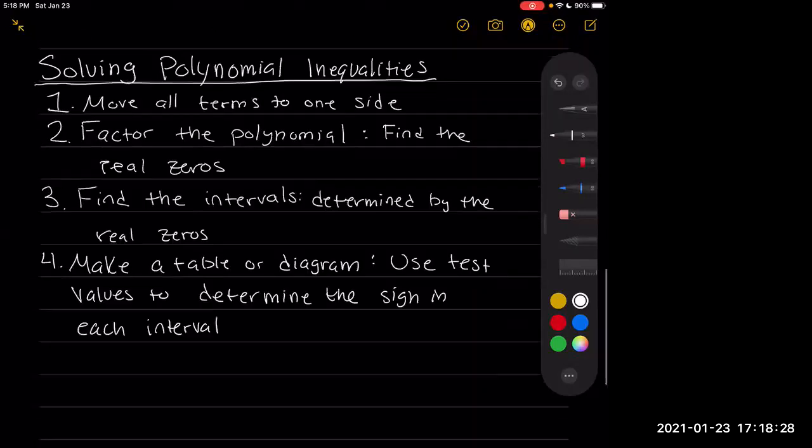And then finally, step 5, we're going to solve. So here we're going to determine our solution and check endpoints.